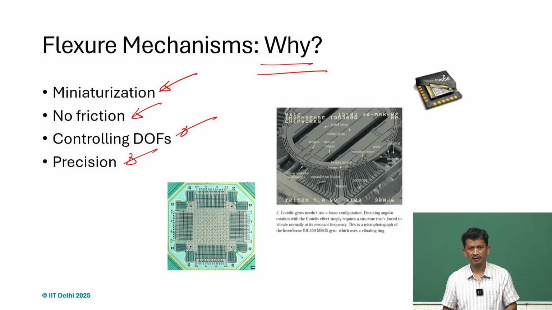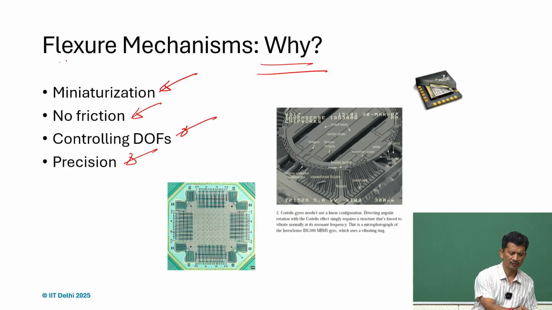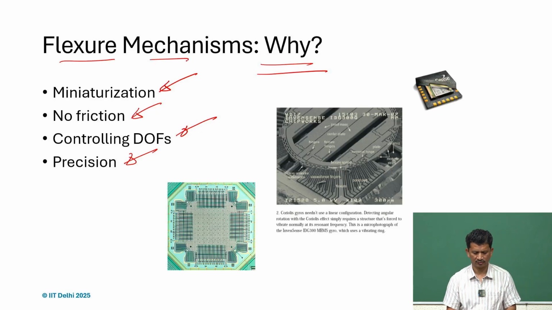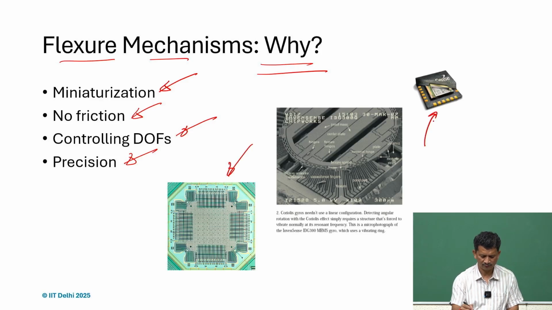So of course this is what is desired, and these are the advantages of using flexure or compliant mechanisms, and that is the reason we are able to achieve different kinds of MEMS or NEMS actuators or sensors.